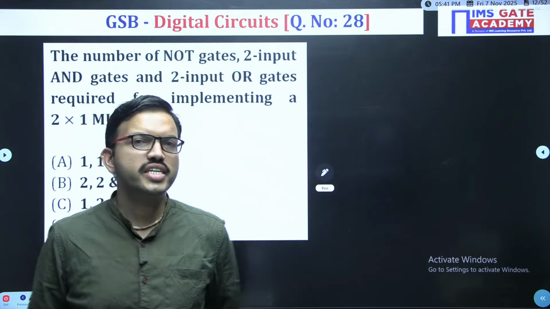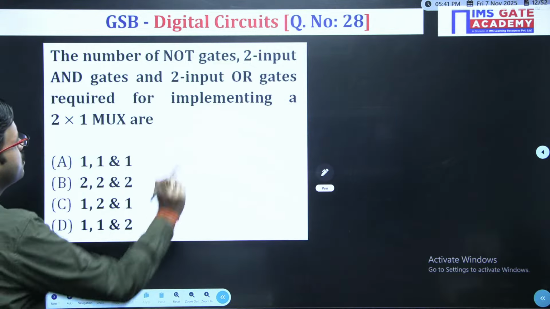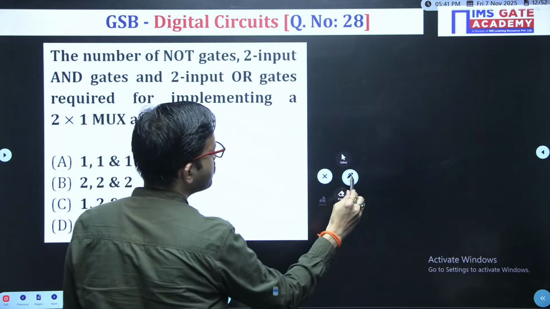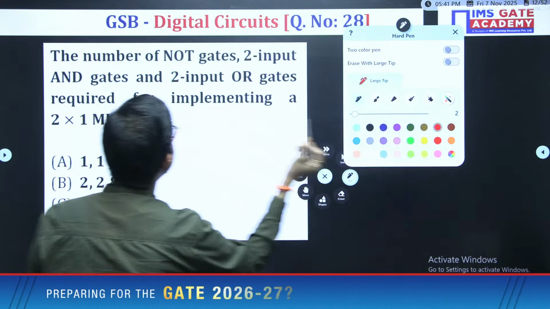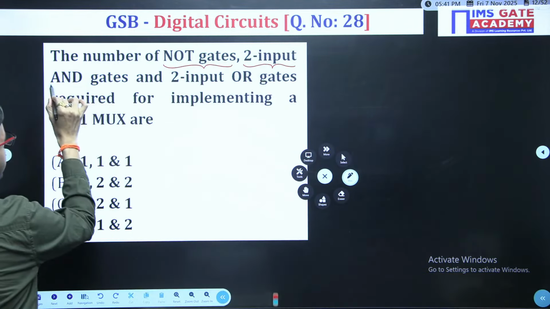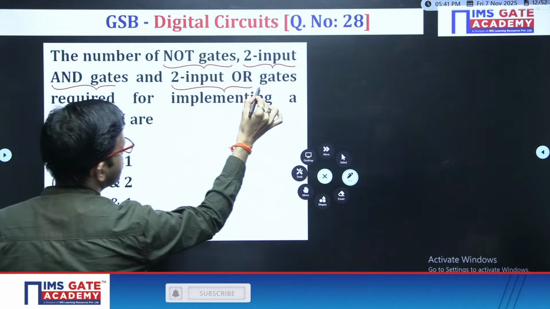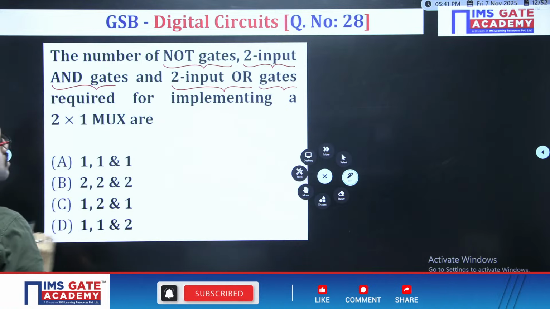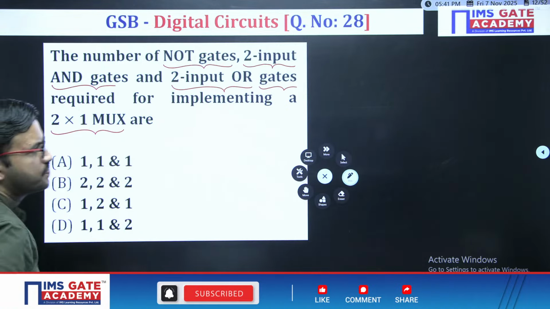This is a simple question regarding mux. See, just read the question. The number of NOT gates, 2 input AND gates, 2 input OR gates required for implementing a 2-by-1 mux.